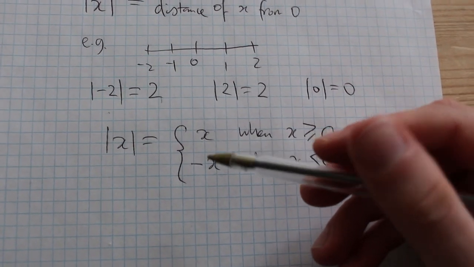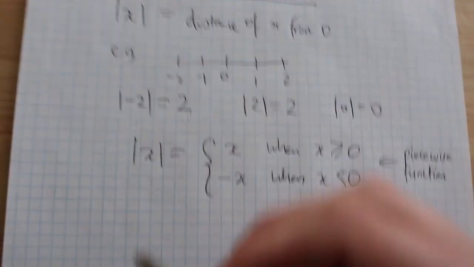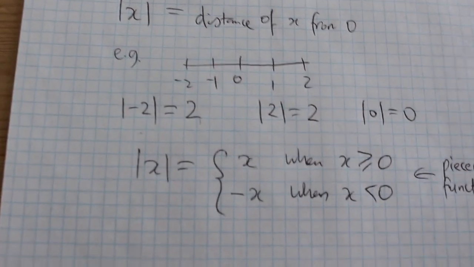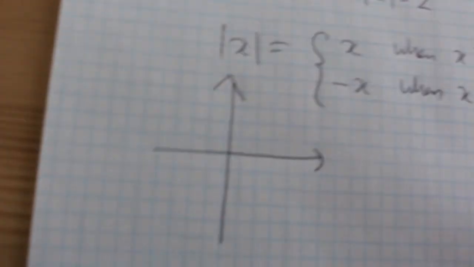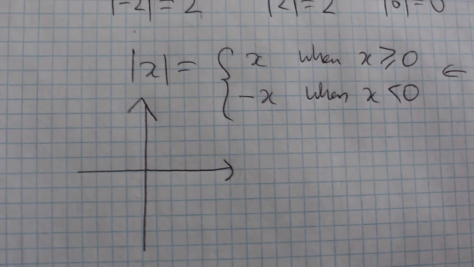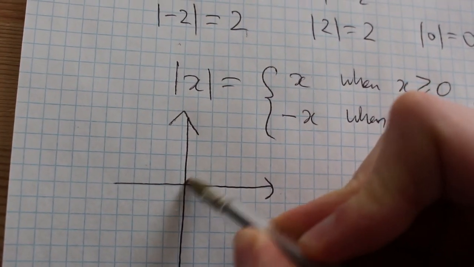But now a natural thing to ask is, what does the graph of this function look like? So this definition is really helpful in helping us determine what the graph looks like. So if we have a set of axes here, we know when x is positive, the modulus of x is equal to x.